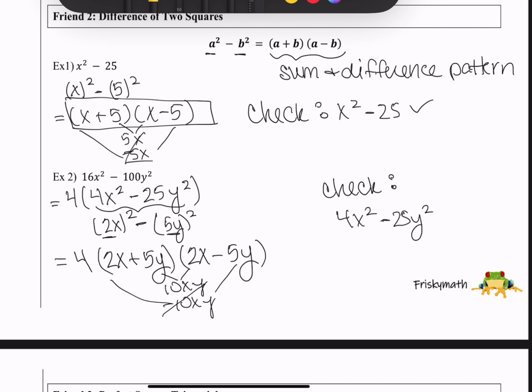And then I've got that 4 that can be multiplied to this whole quantity. So if I distribute that, I end up with 16x squared minus 100y squared. You can check all of these to make sure that they work out. And this one does. So your factored form now is a product of 3 factors. Two of them are binomial factors, and one of them is just a 4, or like a coefficient.